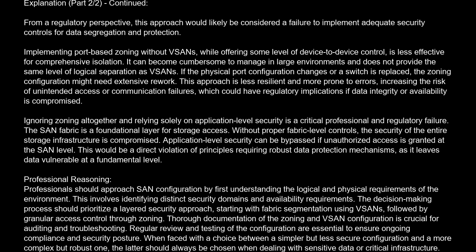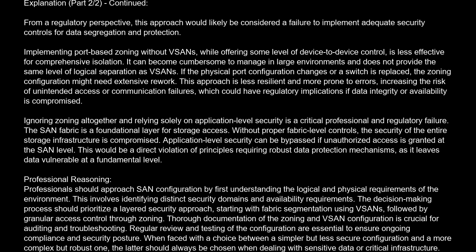Professional reasoning. Professionals should approach SAN configuration by first understanding the logical and physical requirements of the environment. This involves identifying distinct security domains and availability requirements. The decision-making process should prioritize a layered security approach, starting with fabric segmentation using vSAN, followed by granular access control through zoning.